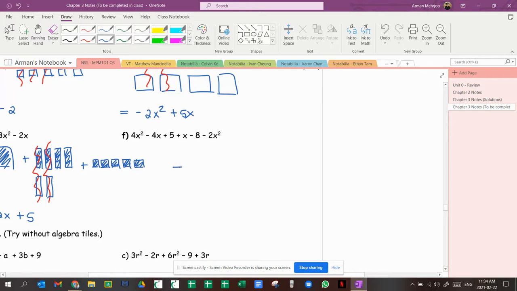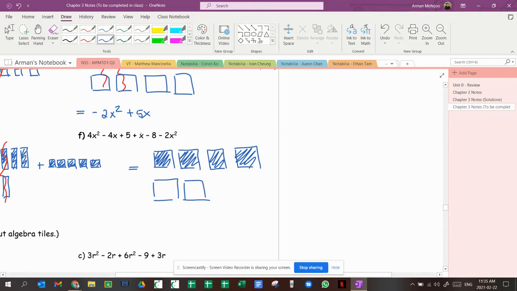I have four positive x squareds, two negative x squareds, one positive x, and four negative x's. I have five positive ones, and eight negative ones.